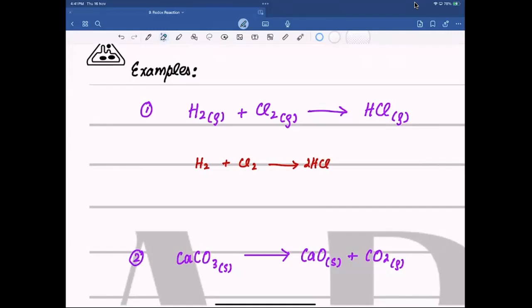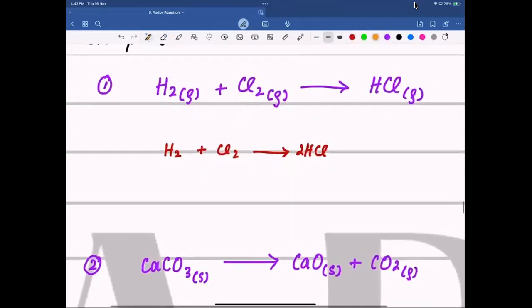Okay. So how can we figure out which reaction is redox and which is not? One way is by placing the oxidation number on each element and then seeing whether its oxidation number changes during the reaction. If I look at the first equation, these two are elements, right?